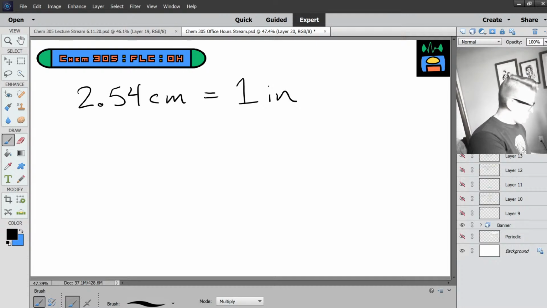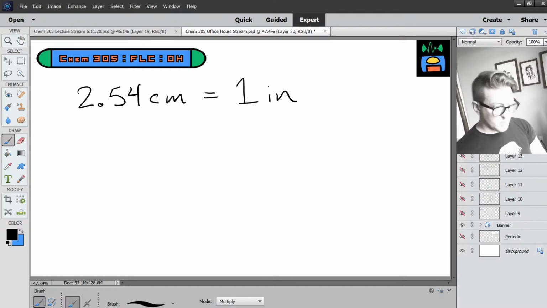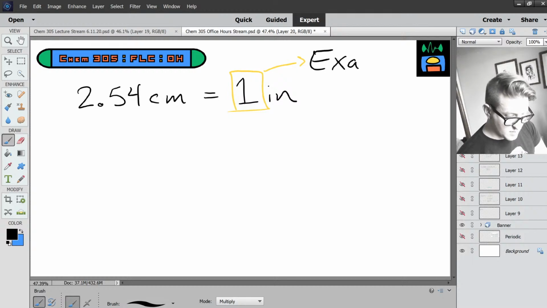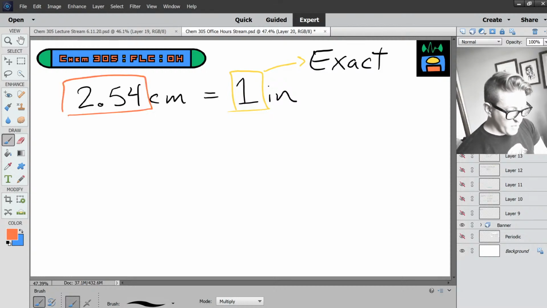So Susan, check this out. The 1 inch, the 1, is exact. But the 2.54 is measured.